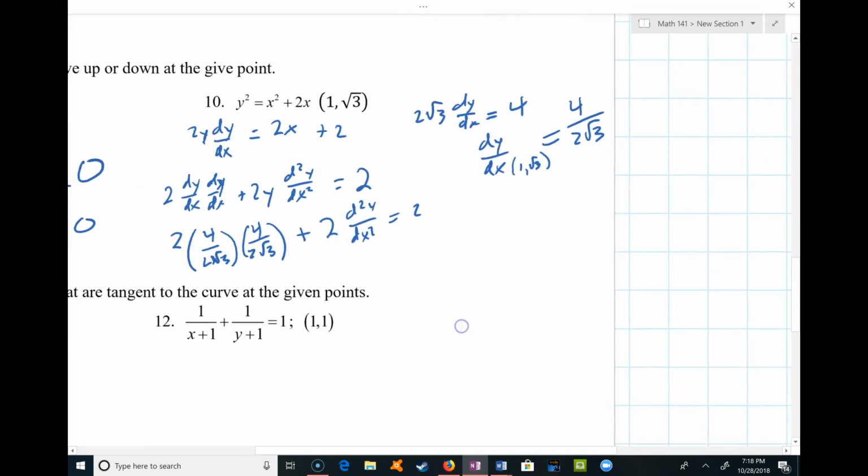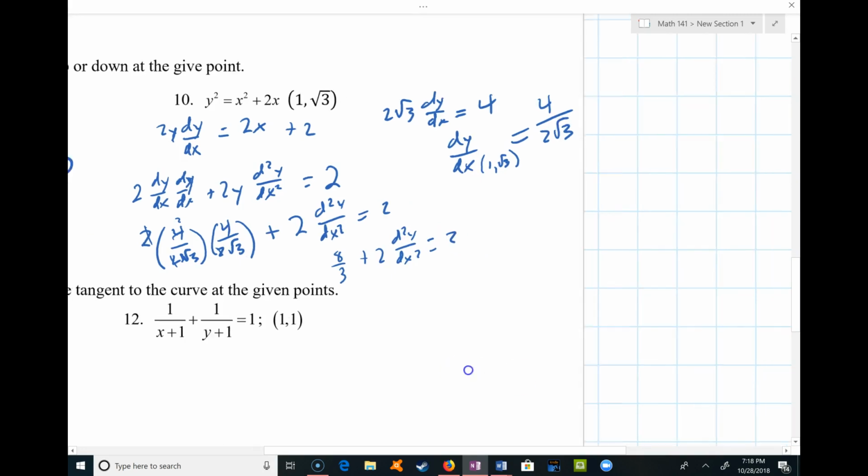Okay, so now we just got to solve for the second derivative. Over here, this 2 and that 2 will cancel out, and this 4 and that 2 will cancel out, leaving a 2. And rad 3 times rad 3 is 3. So we end up with 8/3 plus 2 times the second derivative is equal to 2.